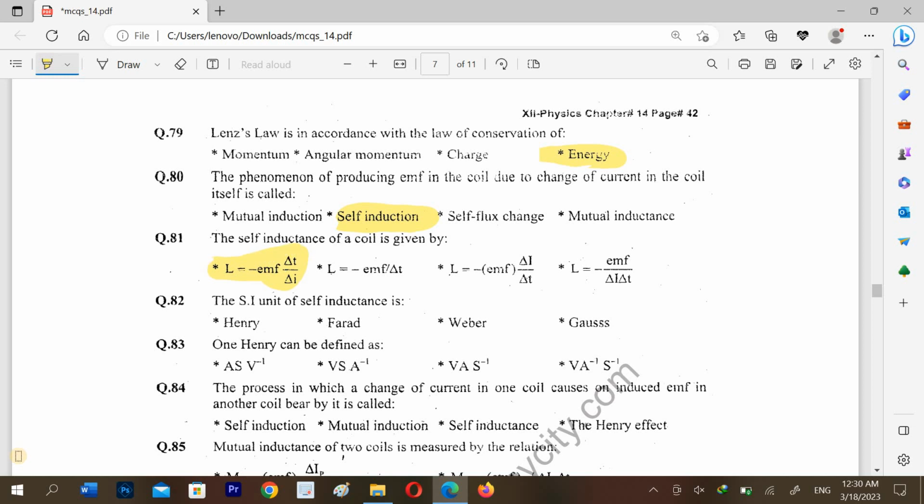The SI unit of self inductance is called Henry. 1 Henry can be defined as Vs A minus 1.